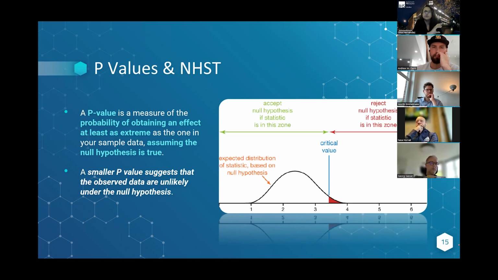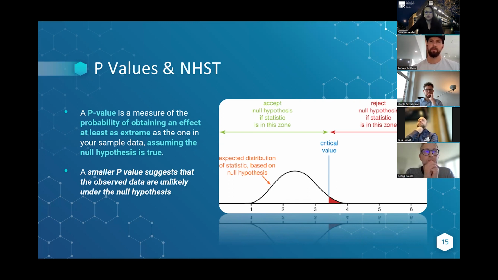And the p-value is giving you the measure of the probability of obtaining an effect as extreme as the one your sample data is showing you, assuming the null hypothesis is true. So this concept is really, really important for you to understand.